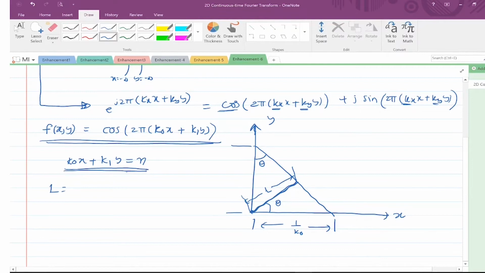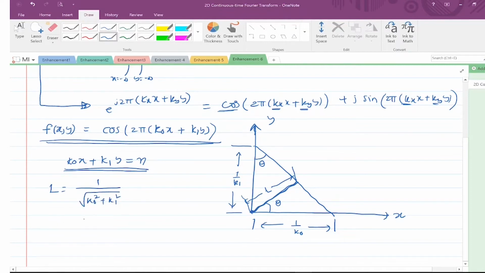For example, take that equal to 1, that would give you the intercepts, and from that you could compute the intercepts both on the x and y-axis. So 1 by k naught and 1 by k1 you got. And if you express the periodicity of that, the expression we arrived at is the square root of k naught square plus k1 square.